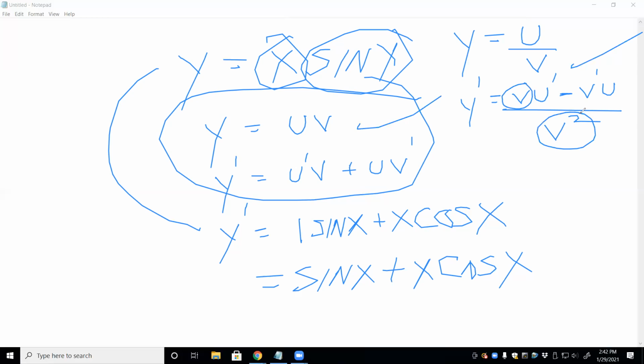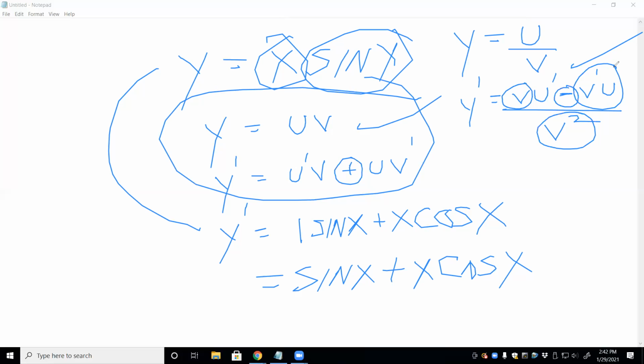And if I'm starting with the bottom, what goes next to it has to be the derivative of the top. And then also remember that subtraction is what's going on, not addition. Notice that in the product rule I had addition. In the quotient rule you have subtraction. And then just do the opposite. If the first one was v times u prime, then the second one is v prime times u. And it's all divided by the bottom squared.